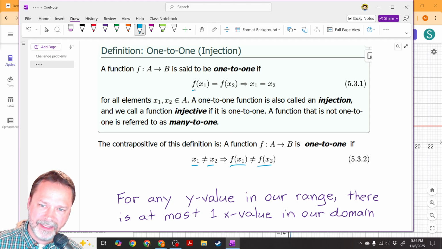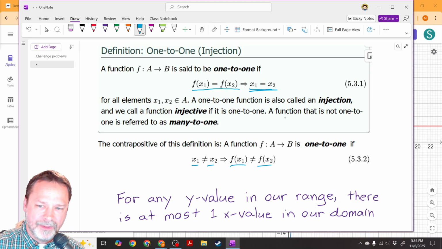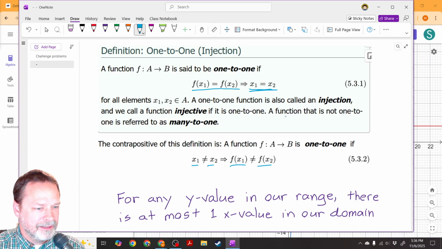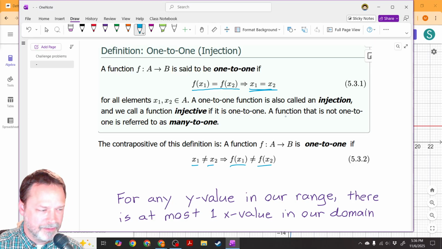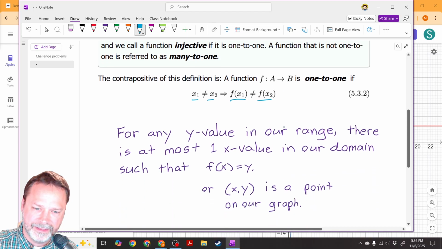This is saying if we start with the same y values, that means we started with the same x values. What does that really mean, boiled down for us in algebra, when we're concerned about x and y's and functions like quadratic functions and rational functions?